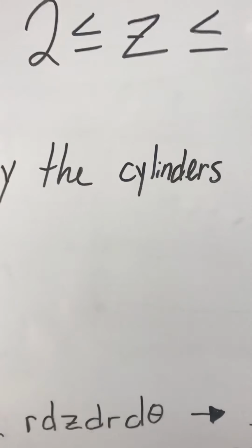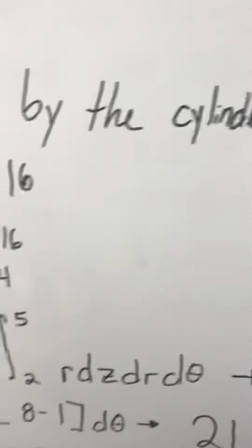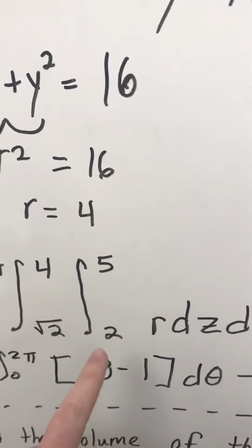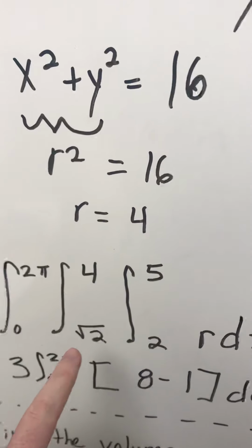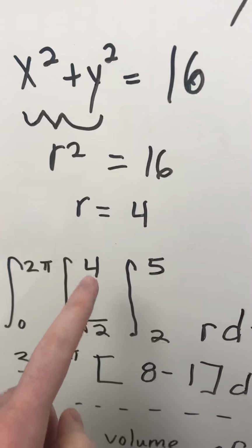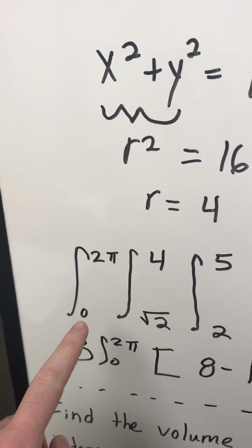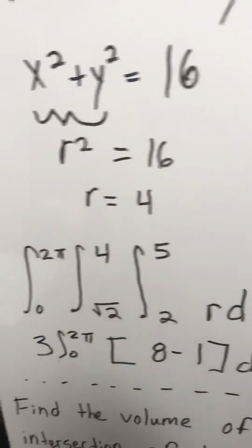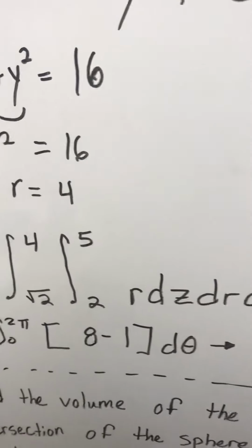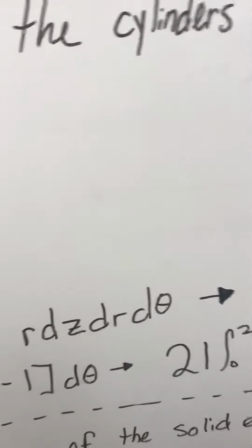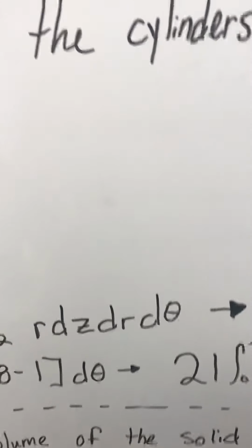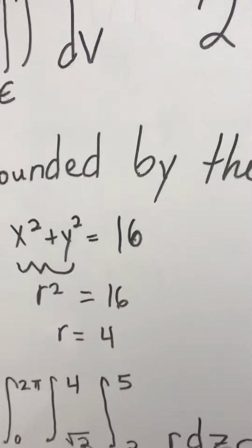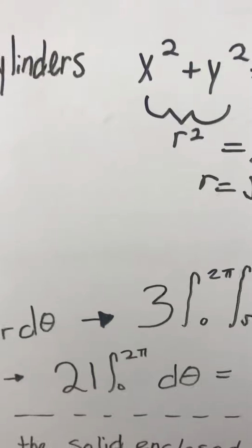So our z goes from 2 to 5, our r goes from square root of 2 to 4, and our theta goes from 0 to 2 pi because we're taking the whole circle. And it's going to be r dz dr d theta, which is the equivalent of dV in cylindrical.